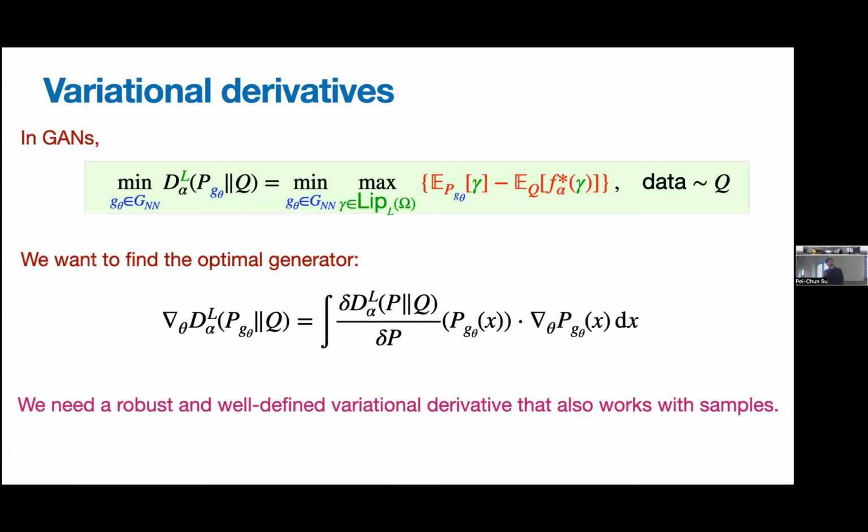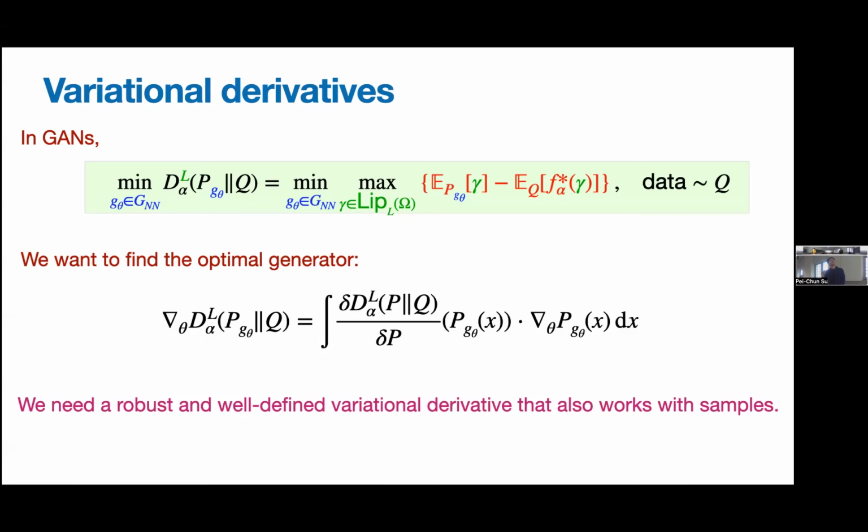Okay, so in GANs, the mathematical formulation is to find the best generator. We want to optimize over the generator class such that the divergence between the generator distribution and the target distribution Q is minimized.